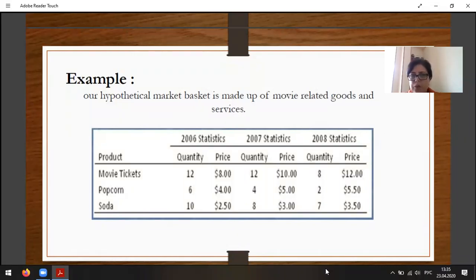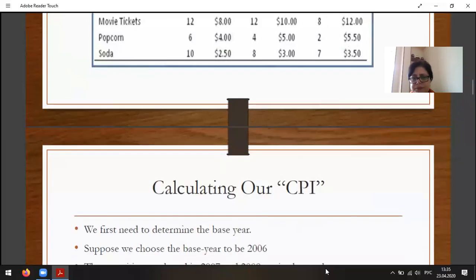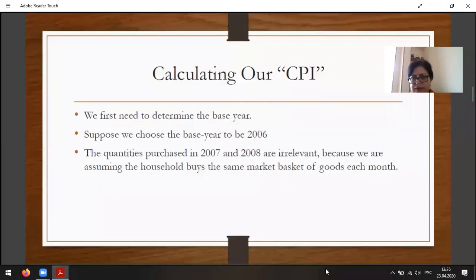So how many different steps do we have to pass in order to calculate the inflation rate the right way? First, we have to calculate CPI by following different steps. Firstly, we need to identify which year will be the base year.